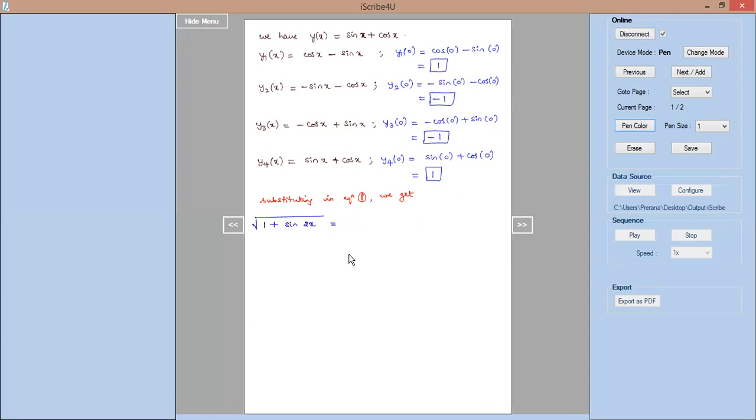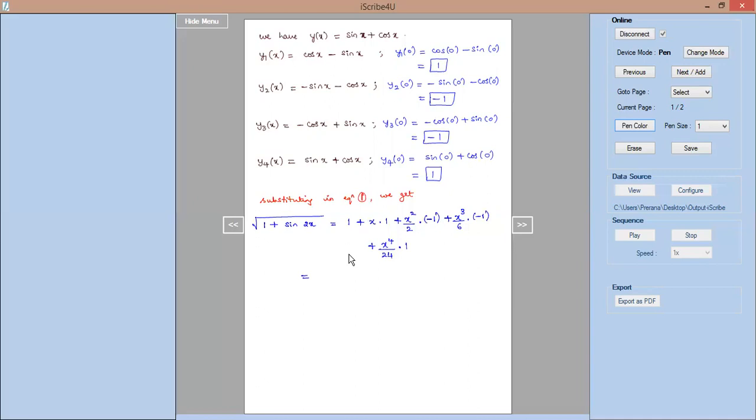Right hand side, y of 0 is nothing but 1, plus x into y1 of 0 which is 1, plus x square divided by 2 factorial into y2 of 0 which is minus 1, plus x cube divided by 3 factorial, which is 6, into y3 value which is minus 1, plus x power 4 divided by 4 factorial, which is 24, into 1.